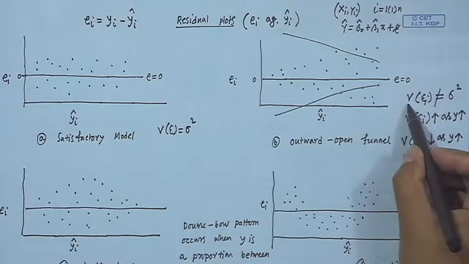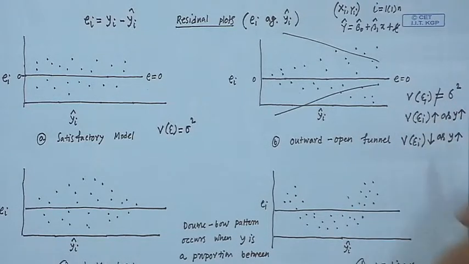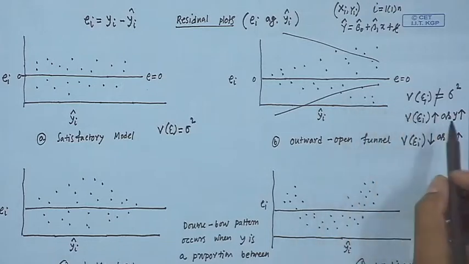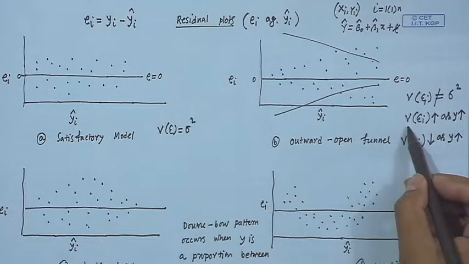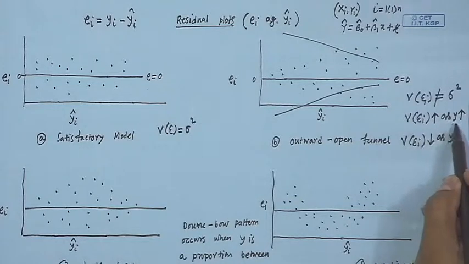So, we can't assume that variance of epsilon i equal to sigma square for all i. So, this is not true, and what actually happened here is that the variance of epsilon i increases as y increases.